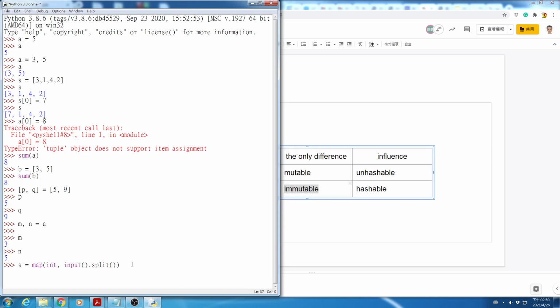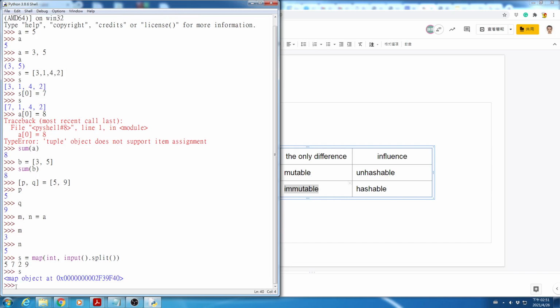Do you remember this? And then now I'm going to put some values like 5, 7, 2, 9. Something like this. All right? Any question? So now S is a map object, and this object will have the value of 5, 7, 2, and 9.